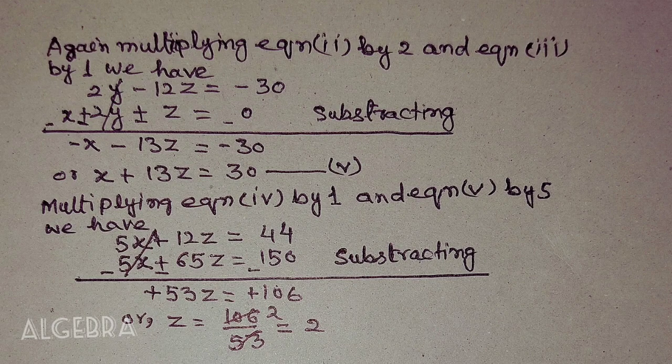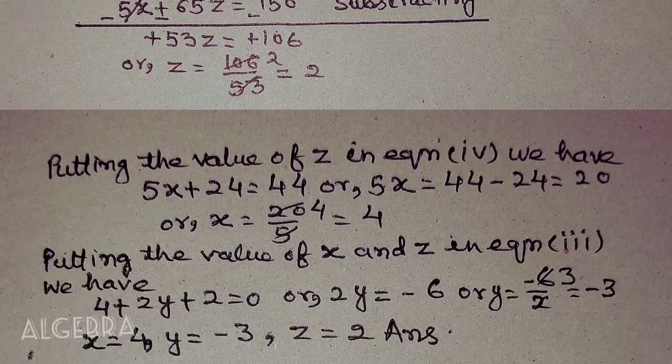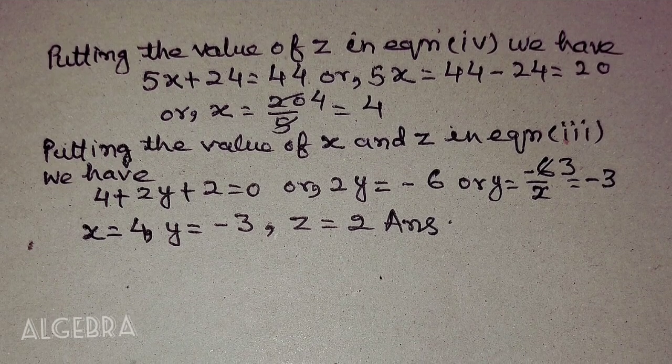Subtracting, minus 53z is equal to minus 106, minus minus plus, or z is equal to 106 by 53 is equal to 2. Putting the value of z in equation 4 we have 5x plus 24 is equal to 44, or 5x is equal to 44 minus 24 is equal to 20, or x is equal to 20 by 5 is equal to 4.